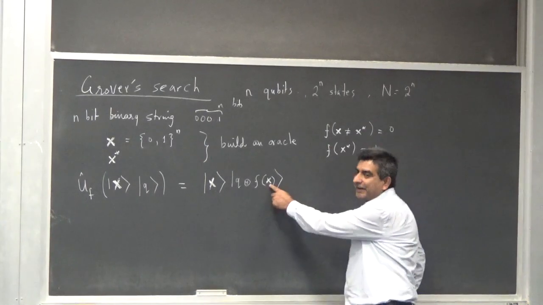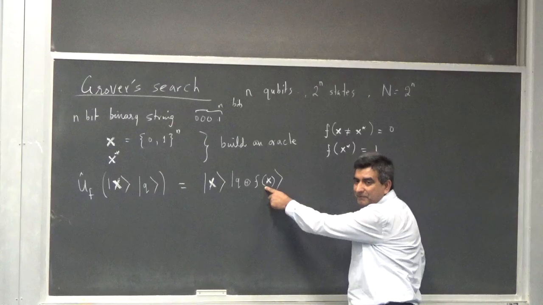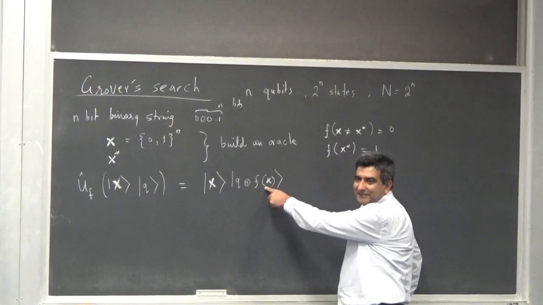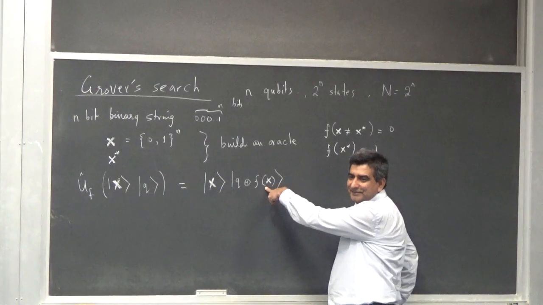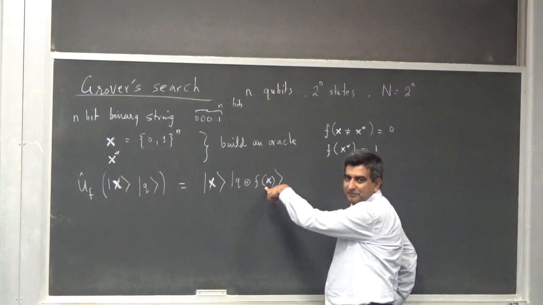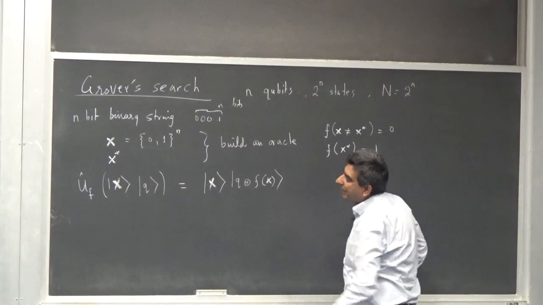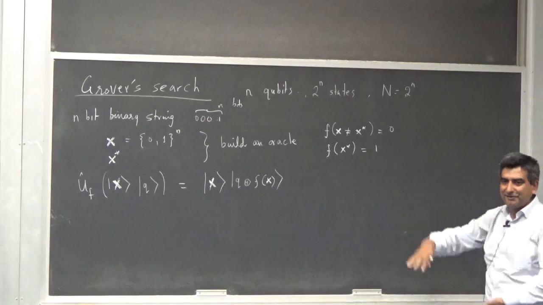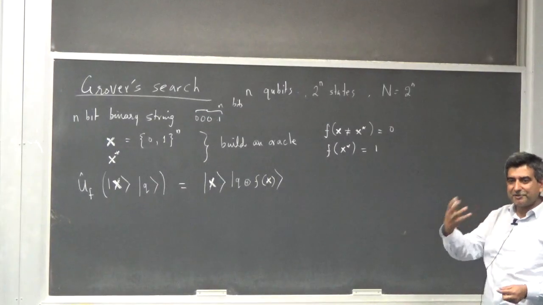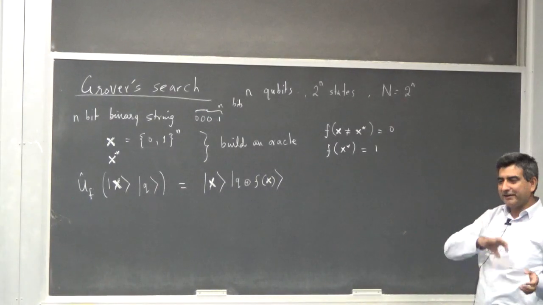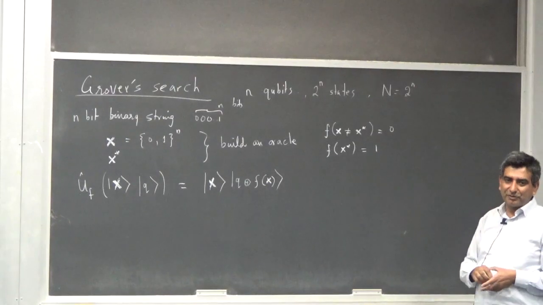If this were my desired string that I'm looking for, this would become a 1. And if this is my undesired string, this would become a 0. So this is my search oracle, and I would like to make this a part of an algorithm called the Grover algorithm.